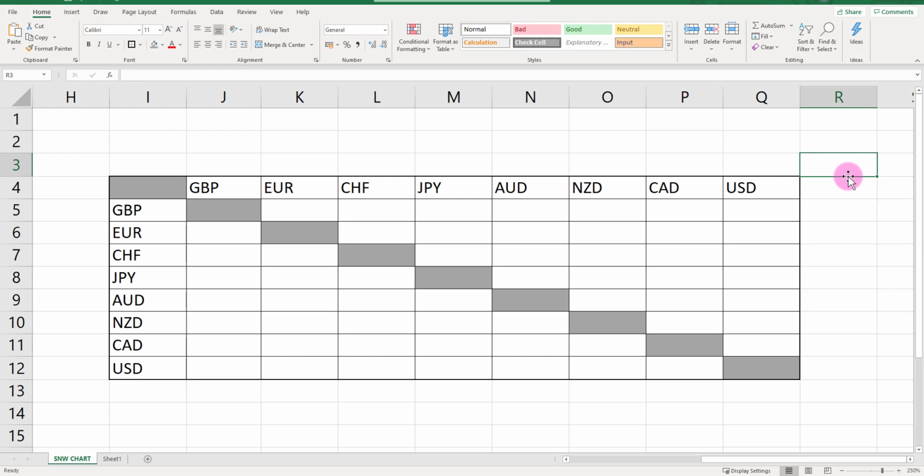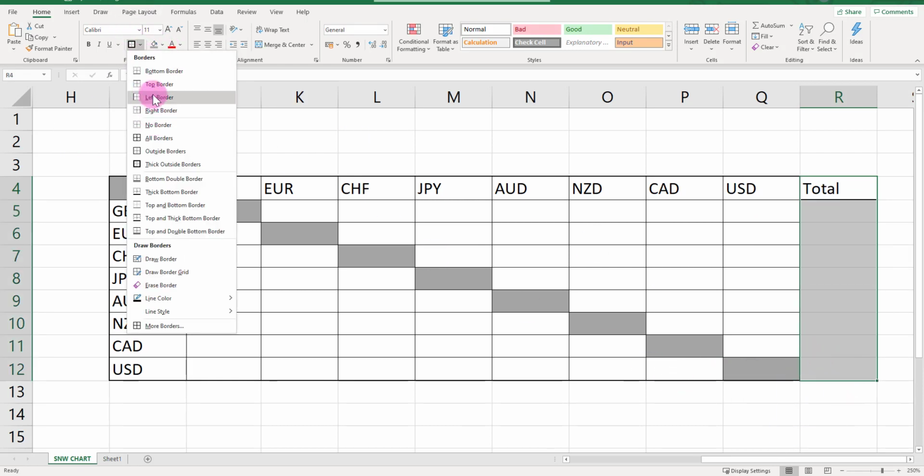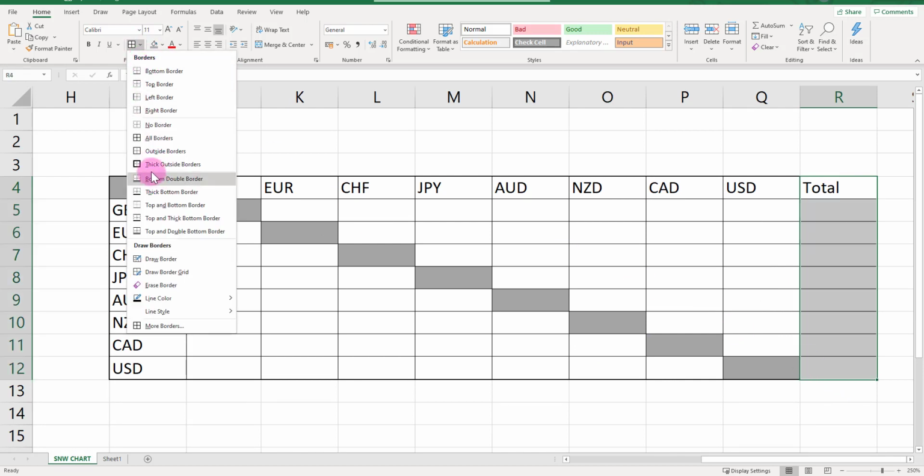Total, and then the currencies get a scoring. Let's make this look a little bit neater. Okay, so I'm going to show you how this works.